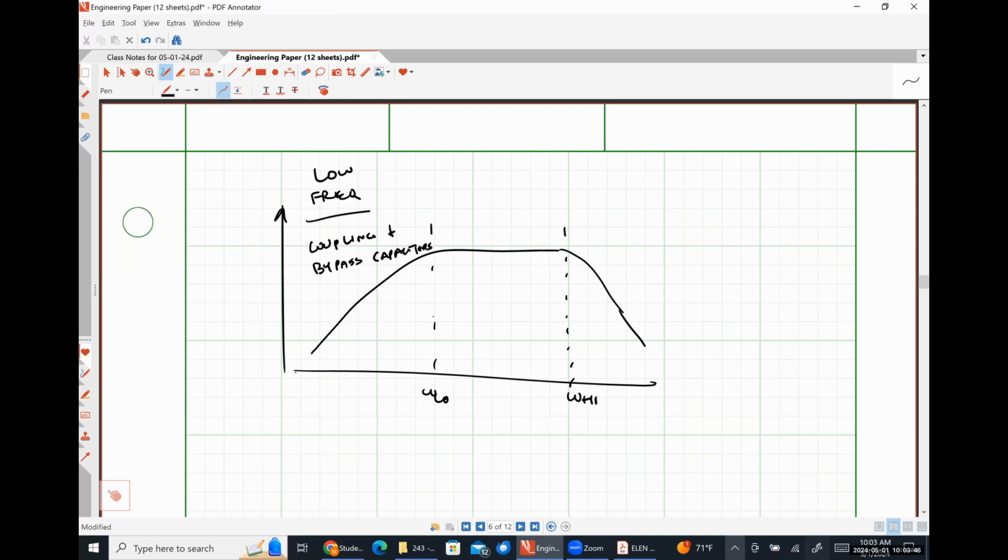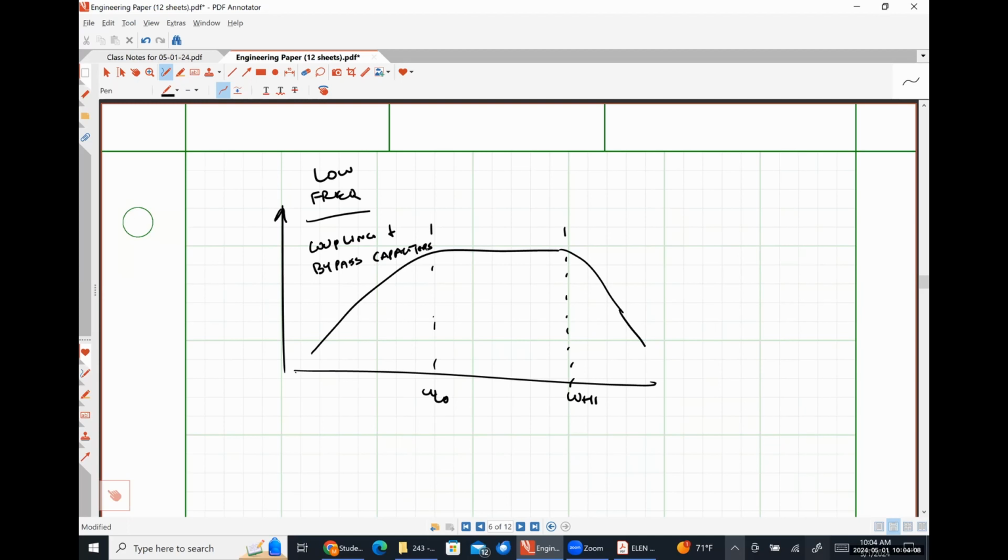We're at a frequency low enough that all of our internal capacitances still look like open circuits. Because those internal capacitances are so small, they don't even show up in our low frequency response, because they're all still open circuits.